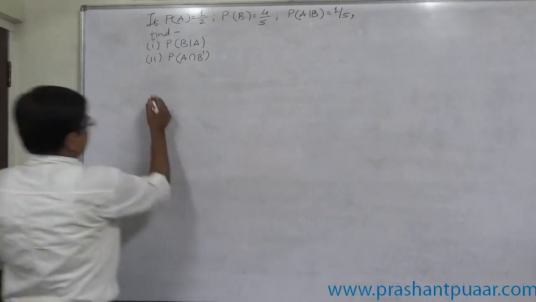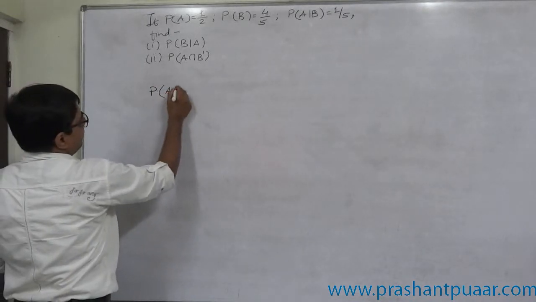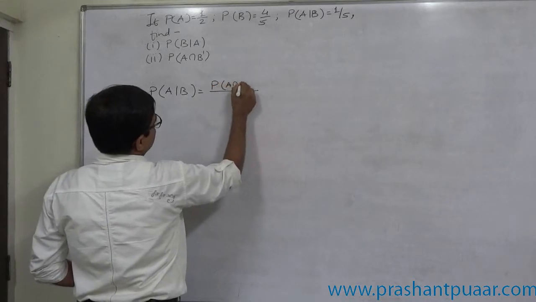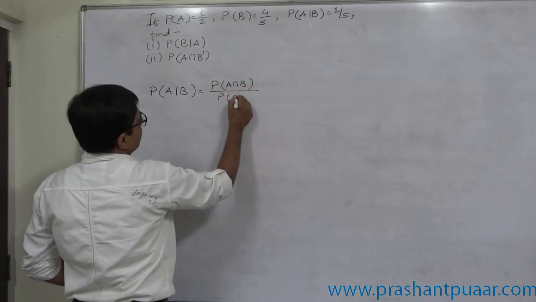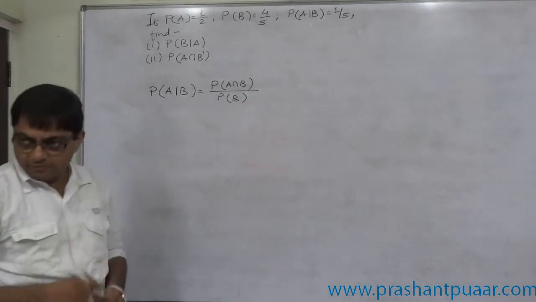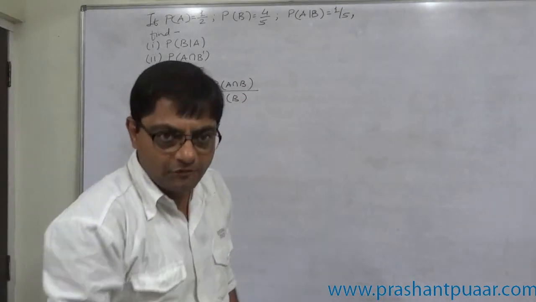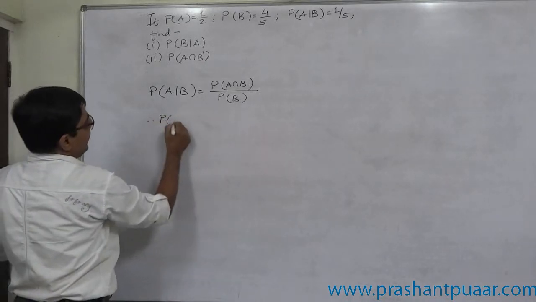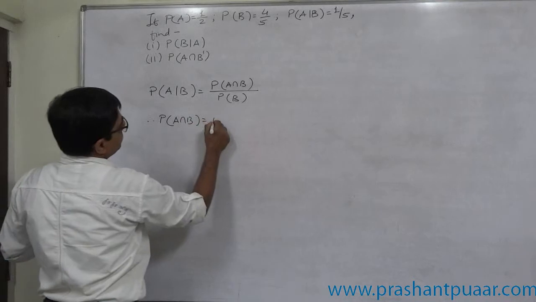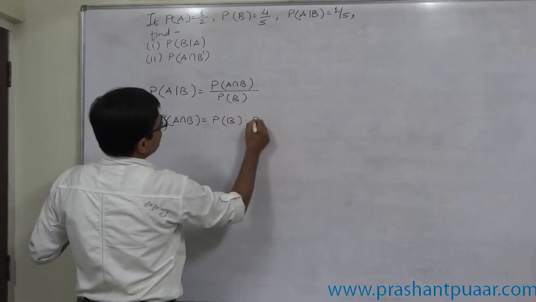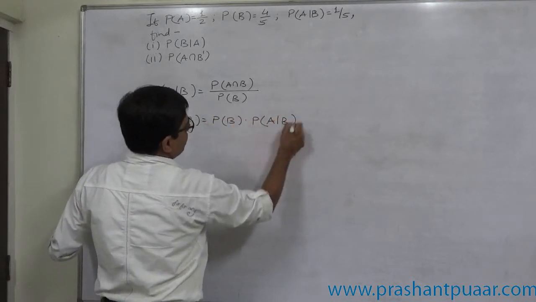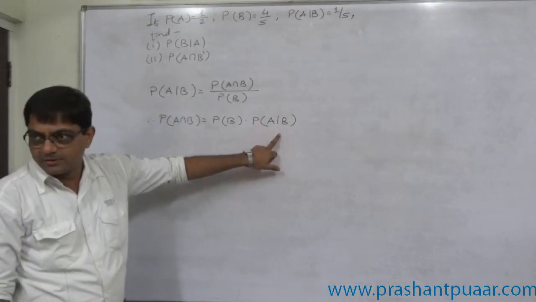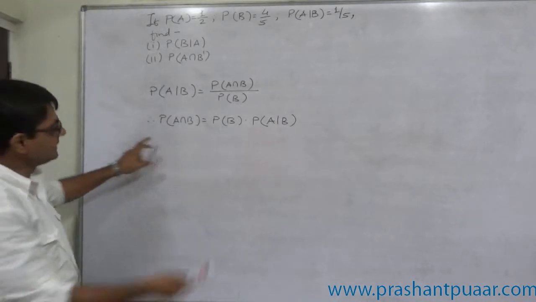We are aware that the formula to calculate P of A given B is the probability of simultaneous happening divided by P of B. Now remember the general law of multiplication of probabilities. According to that, P of A intersection B equals P of B into P of A given B. Now we have P of B as well as P of A given B, so we can have P of A intersection B. This is nothing actually.